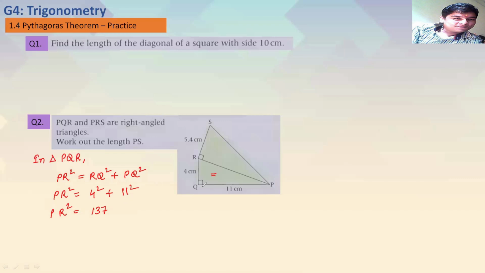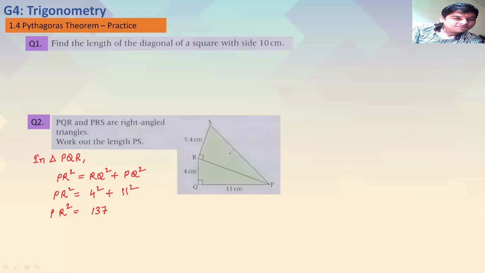This is tricky. Why is there no need of finding out the square root over here? Can you guess? Because 4 squared plus 11 squared, that's already the end. I don't get it. All right, I'm here to help.